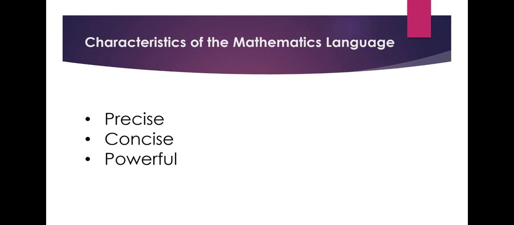And also it is concise, meaning it is able to say things briefly. So the long words in English, when we translate them into math language, we can shorten them. And lastly, math language is powerful. That means it is able to express complex thoughts with relative ease.